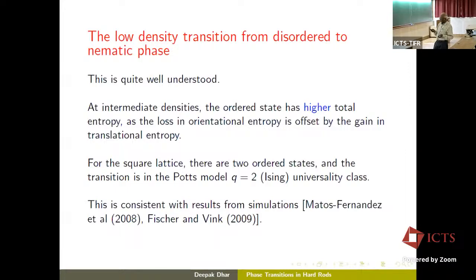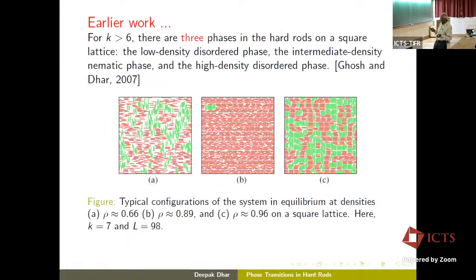So firstly, let me discuss this first transition from here to here. Here, the disordered horizontal and vertical rods are both possible. Here, there are two possible ordered states. They could be all horizontal or all vertical, or mostly horizontal or mostly vertical. And so it looks like the Ising model. If you coarse grain this system, then on a large scale, it will look like either this kind of state or that kind.